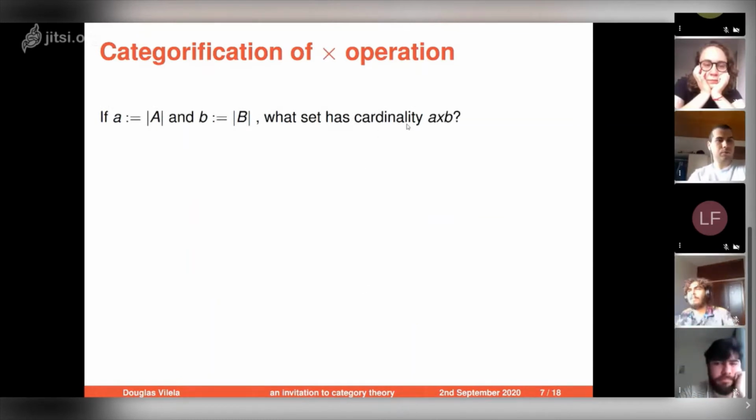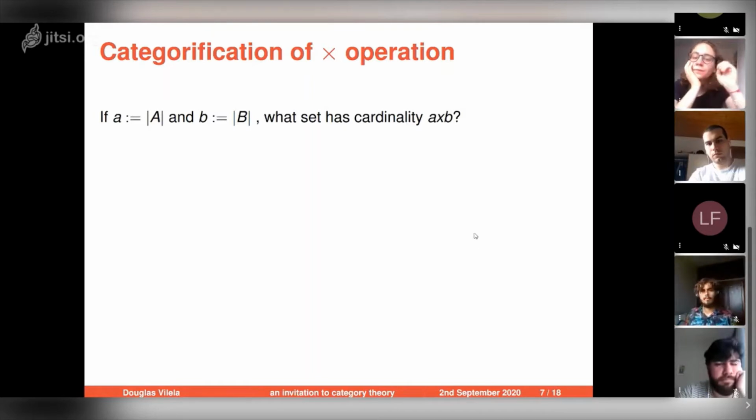The next thing we're going to need to do, based on that equation, is to think about what this multiplication operation has to do with the cardinality of some set.